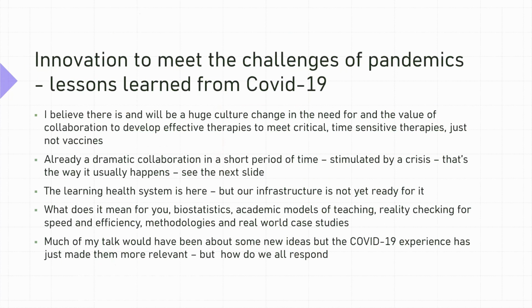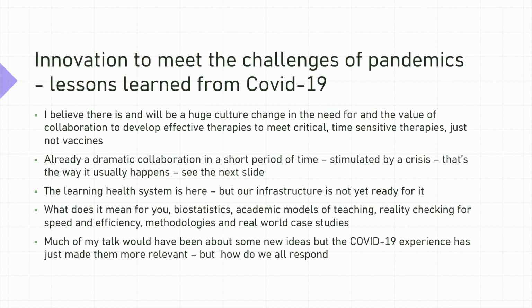So I think that as a result of this culture change and the need for and the value of collaboration to develop effective therapies to meet critical time-sensitive needs, not just vaccines, the COVID-19 example has actually moved the needle to talk about the value of collaboration among many stakeholders stimulated by a crisis.